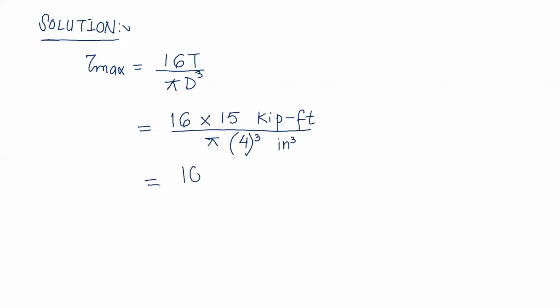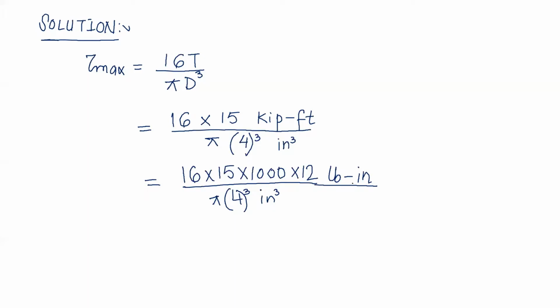So 16 into 15 into 1000 into 12, then 4 cube inch cube, and the unit will be pound-inches. We have converted. So it becomes inch square after cancelling, and the unit left is pounds per square inch. So I can write psi.